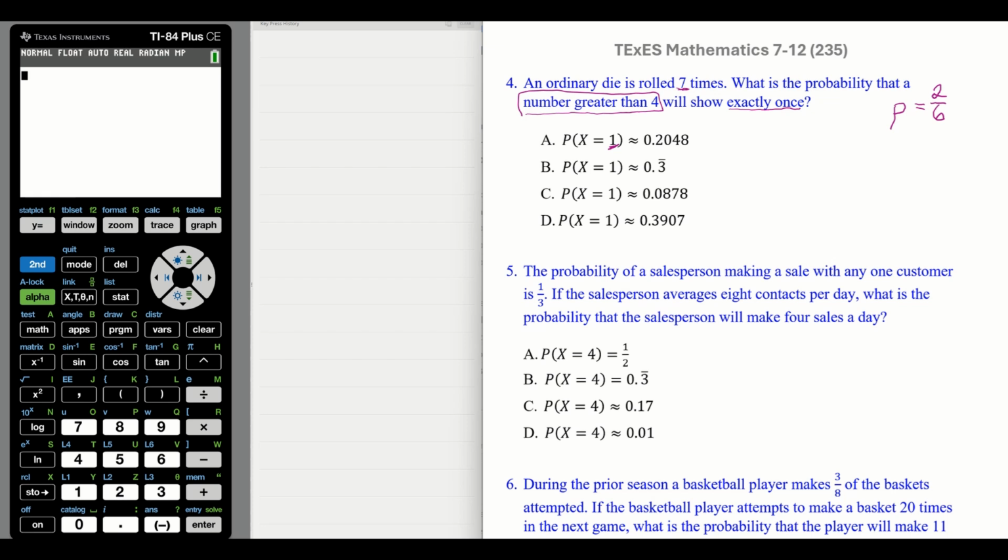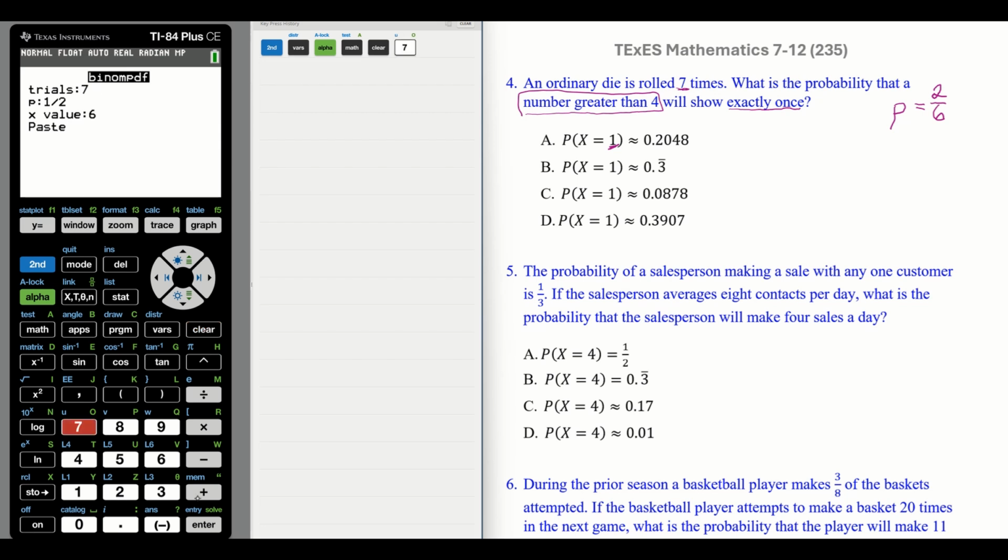Okay, so this means in our calculator, we will have second VARS alpha math. Okay, in this case, we need how many trials? 7. Okay, enter.